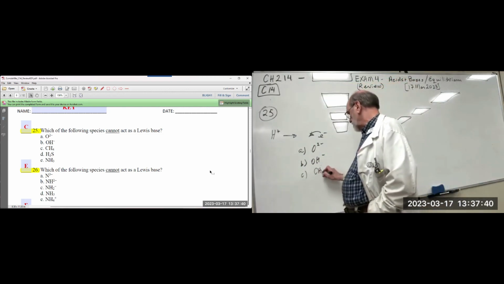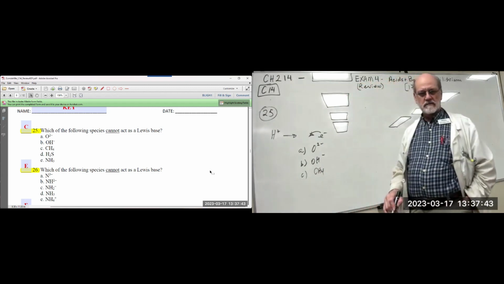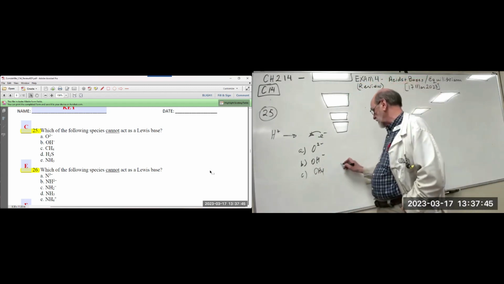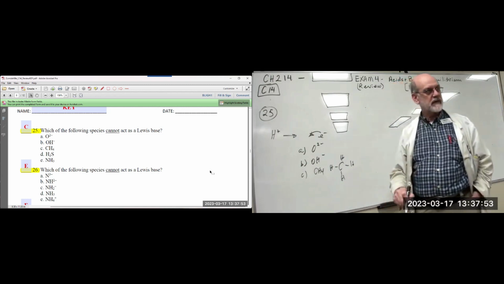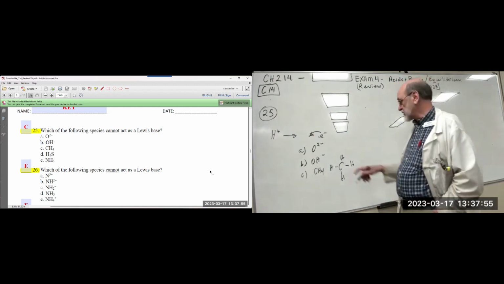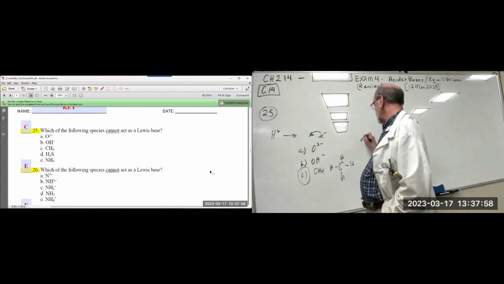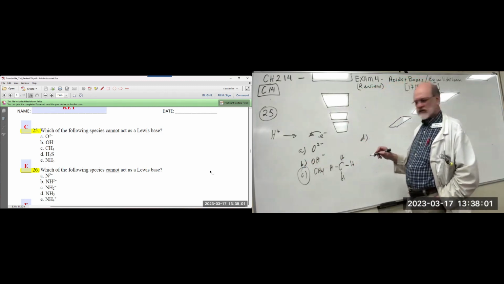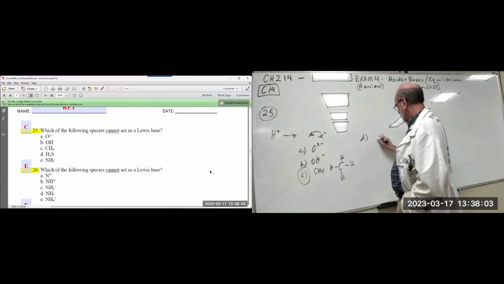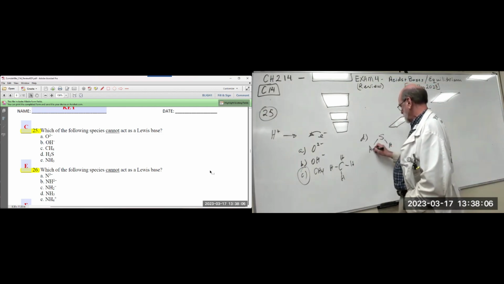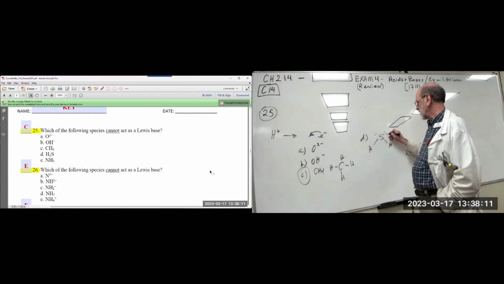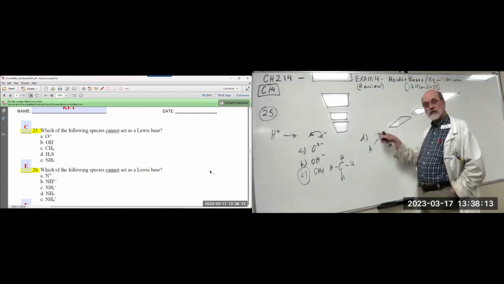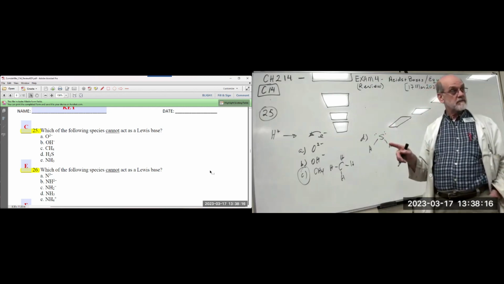CH4. It'd be kind of hard for that one to donate, wouldn't it? Because it's got a complete octet, no free electrons at all. So that's a good candidate. How about D? H2S. Okay. If you draw the Lewis structure for hydrogen sulfide, it's got those two lone pairs. It can donate those, right?